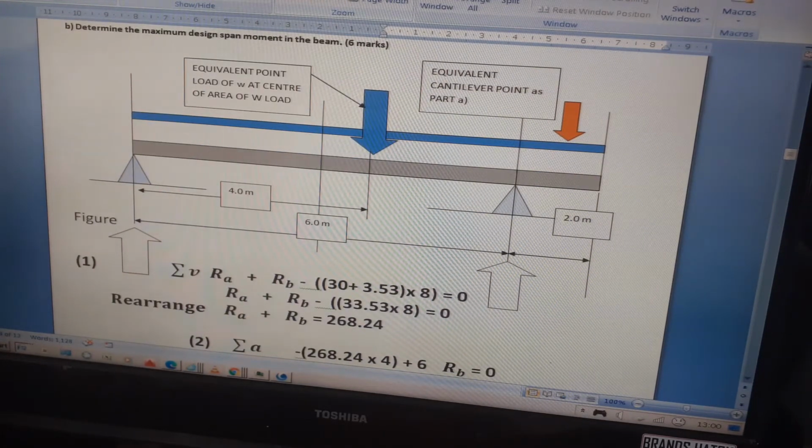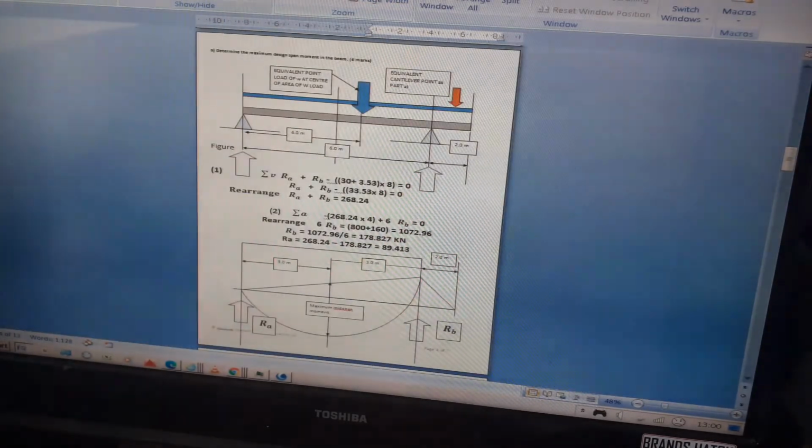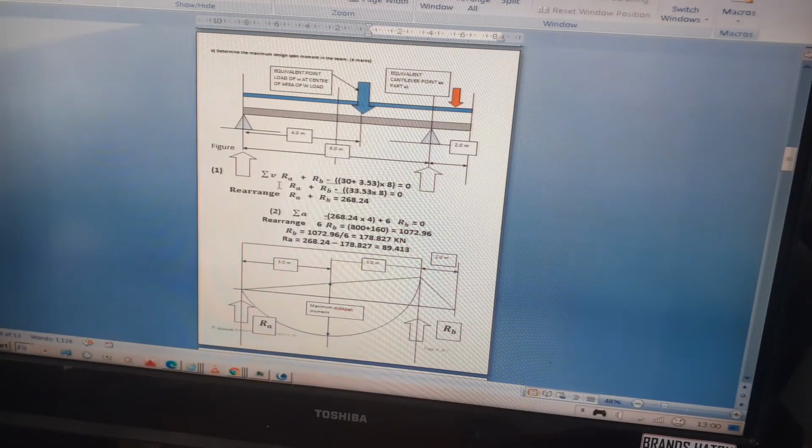Then part 2 says we've got to determine the maximum design moment in the beam, the design span moment in the beam. So that's 6 marks.